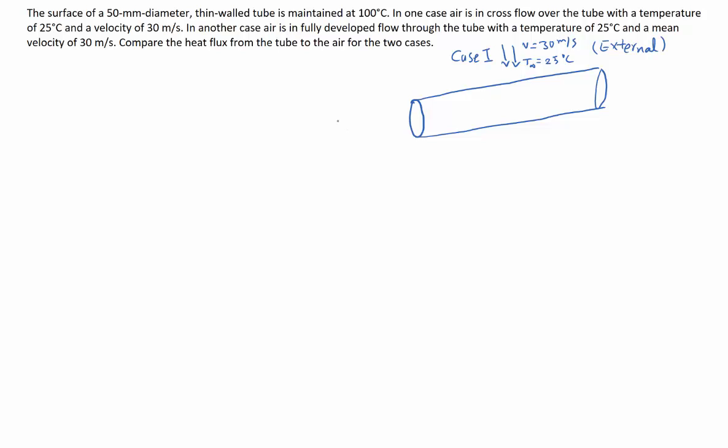In case two, a similar flow condition is introduced in the form of an internal flow. So the fluid is air in both cases. In case two, I also have air which enters this tube in a fully developed condition.